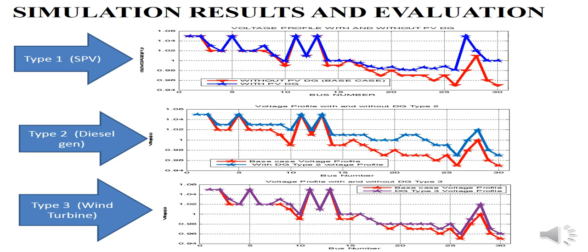Here we have higher improvement in terms of the voltage profile compared to that of type 1. But in type 3, the voltage profile is least when compared to the first or type 1 and type 2 voltage profile of the network.